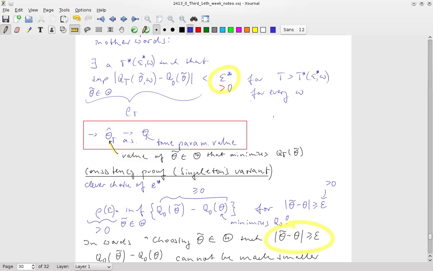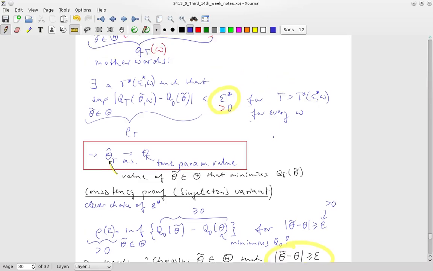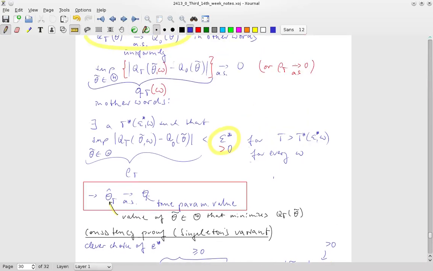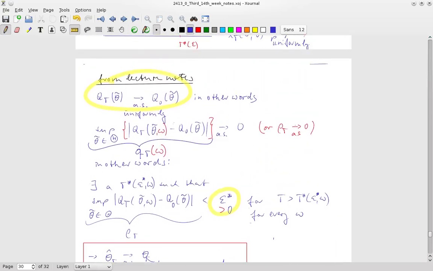That is maybe something that you could argue is a bit technical. Under which circumstances can we actually claim that this specific kind of convergence happens? No. So this is the key assumption that we have to deal with: uniform convergence of Qt to Q naught.